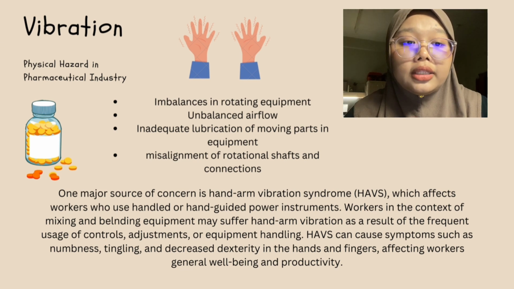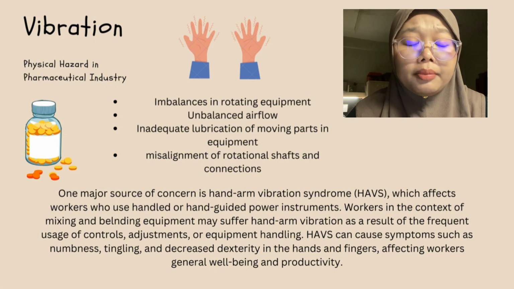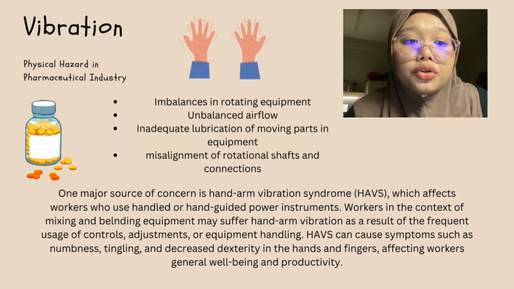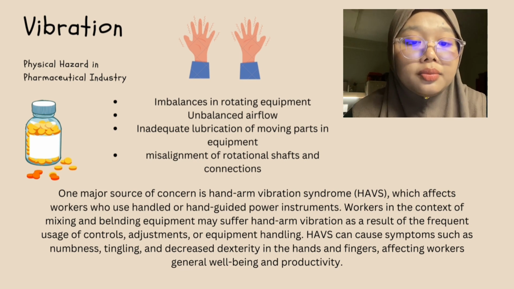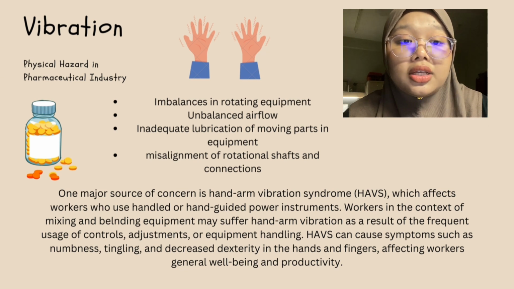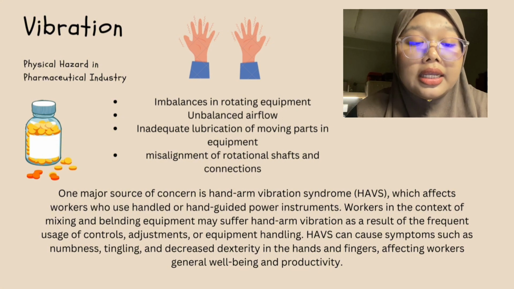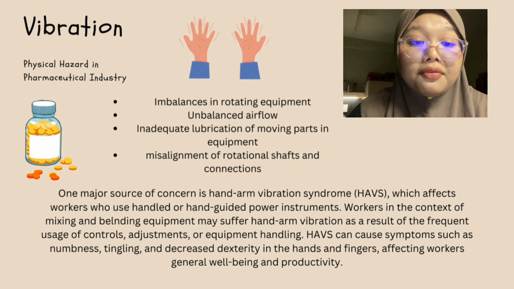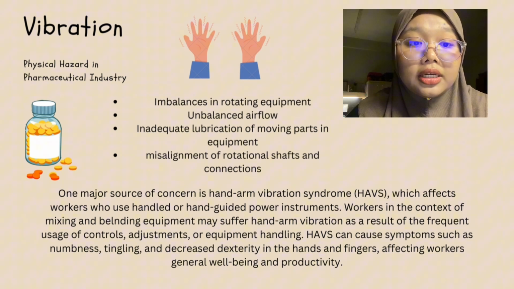Workers in the context of mixing and blending equipment may suffer hand-arm vibration as a result of the frequent usage of controls, adjustment, or equipment handling. HAVS can cause symptoms such as numbness, tingling, and decreased dexterity in the hands and fingers, affecting workers' general well-being and productivity.